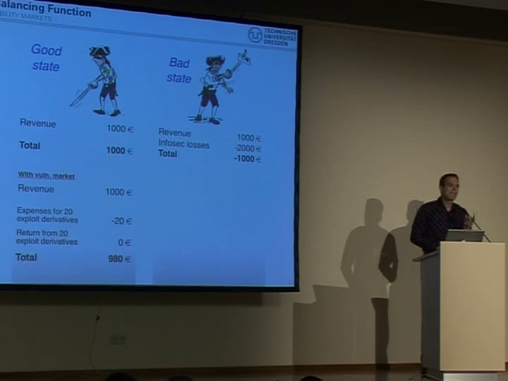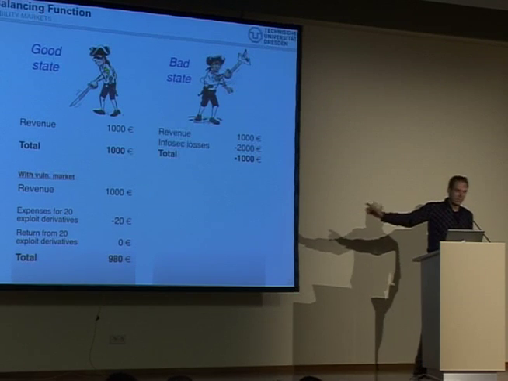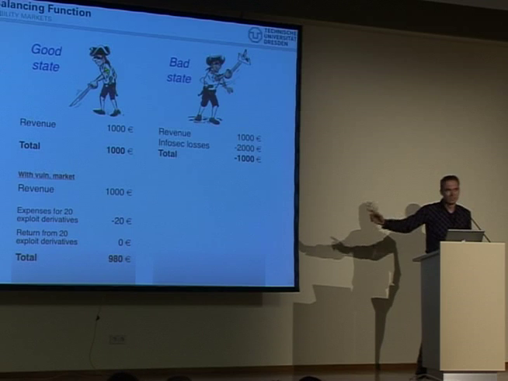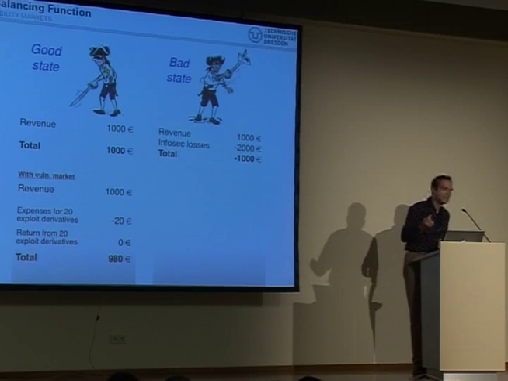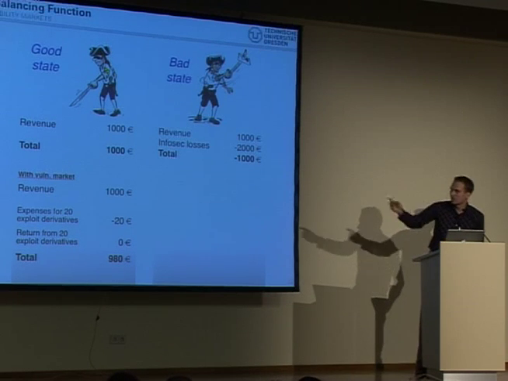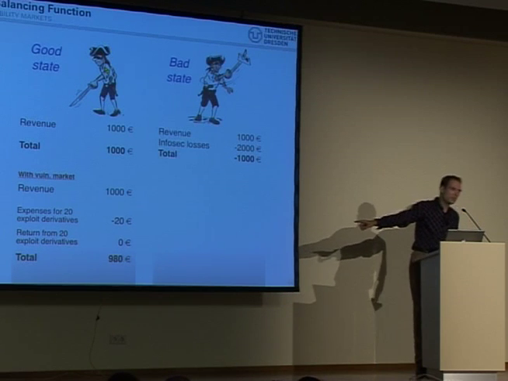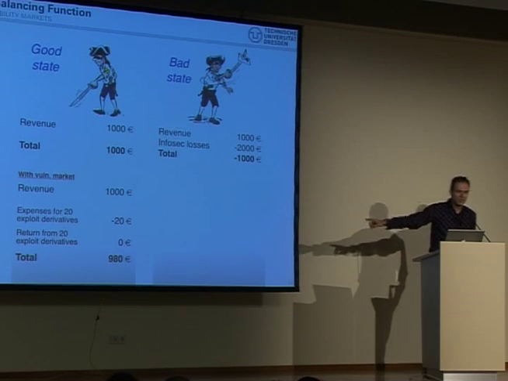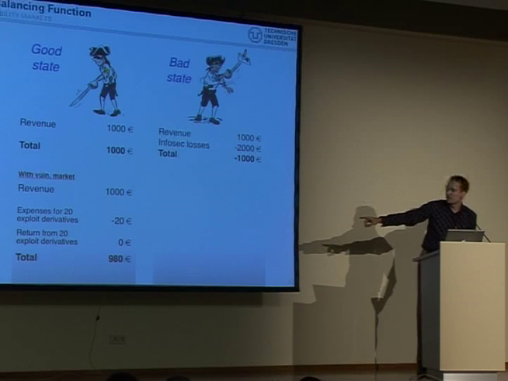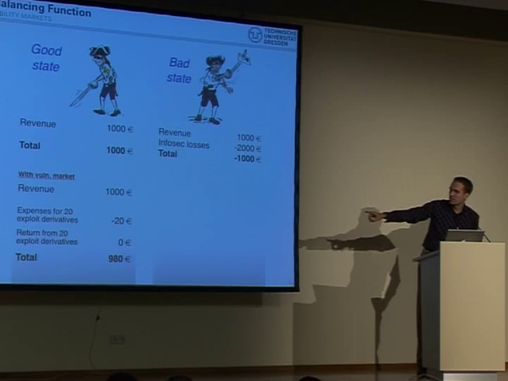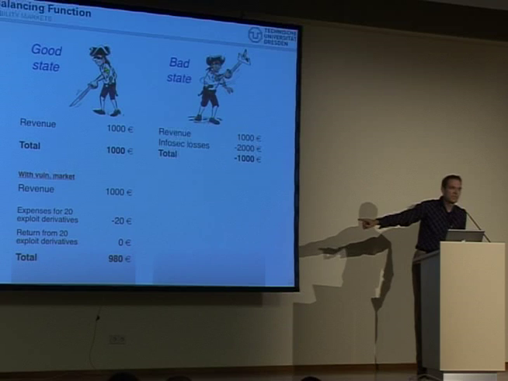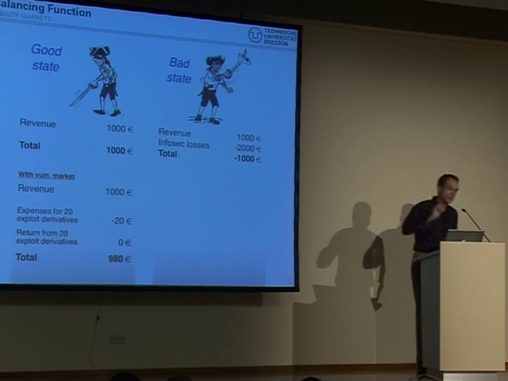But if we add a possible vulnerability market, we could invest in 20 euros of exploit derivatives that pay if the software breaks. So the cost is minus 20 euros, and in the good state I get no return from these derivatives. So I reduce my overall outcome to 980 euros, but it is still positive and it's only a small reduction.